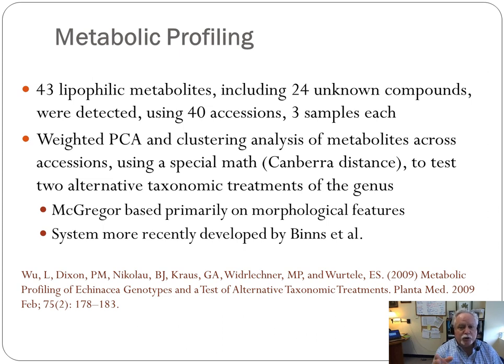And they used a very special math to compare the mathematical model that Binns had versus the morphological model that McGregor had started with. So you had McGregor, which is morphological features, and a system more recently developed by Binns.